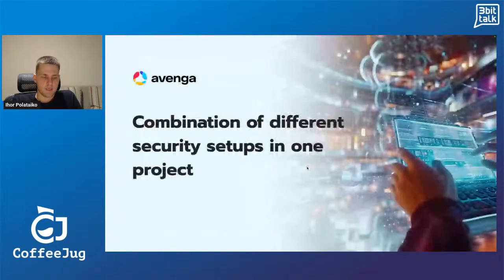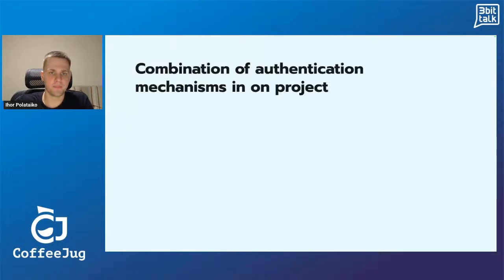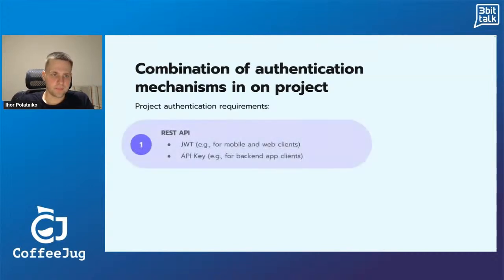So moving on, the remaining setup which we yet have to discover is combination of entirely different security mechanisms within one project. And the authentication requirements for this project will be the following. So for REST API, it will be pretty much what we had in the previous example, JWT and API key authentication mechanisms.